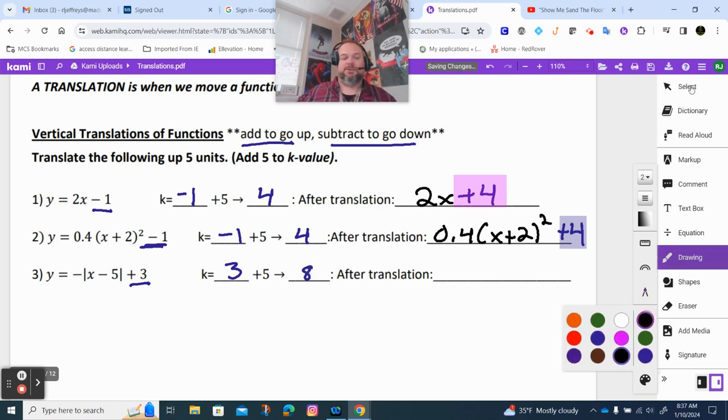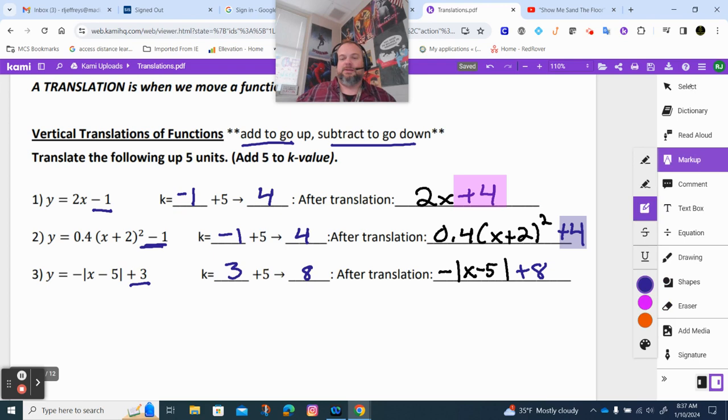All right. The only thing we're changing is this part right here. All this other stuff stays the same. So that's when we're taking something and moving it up.